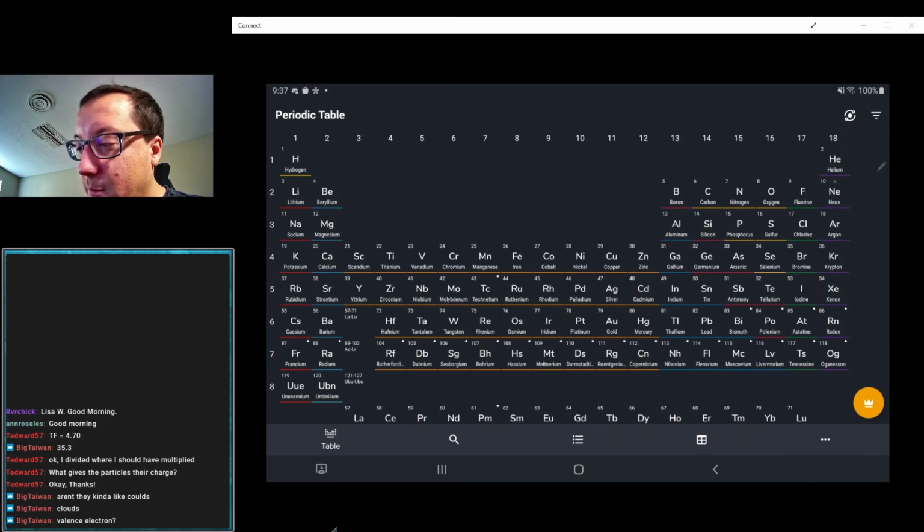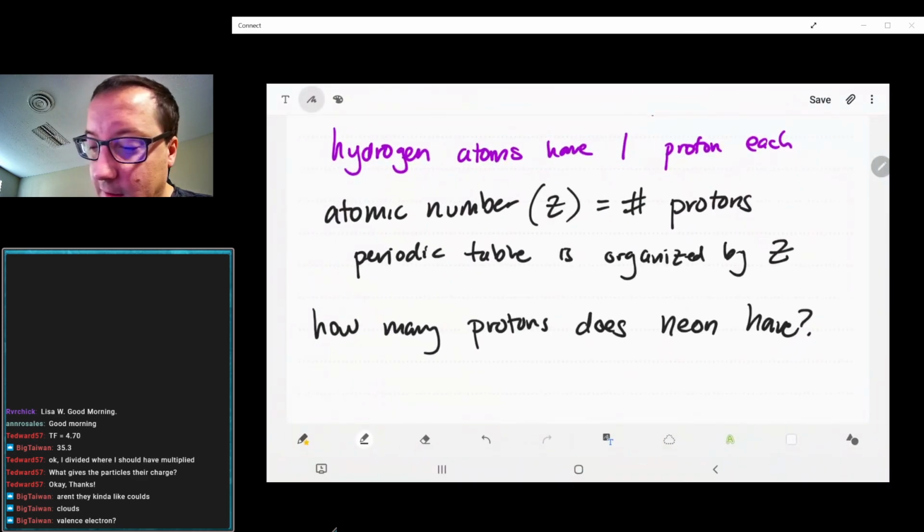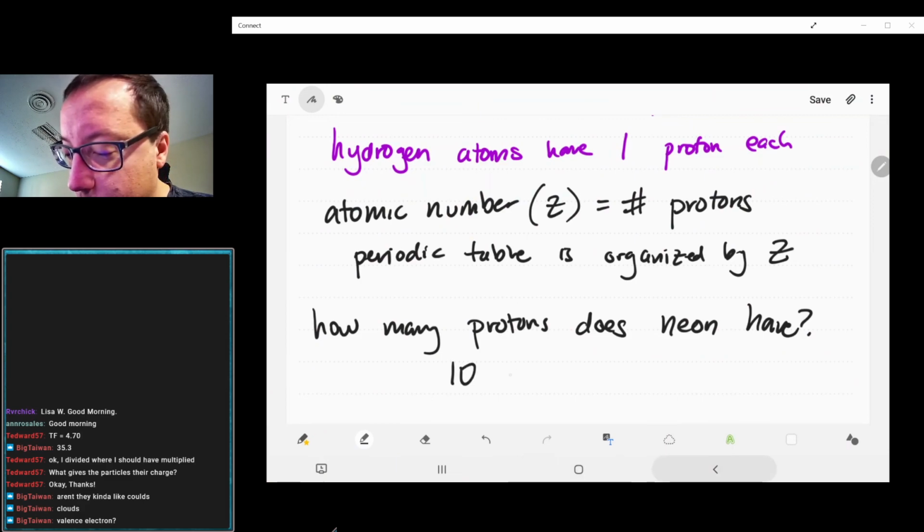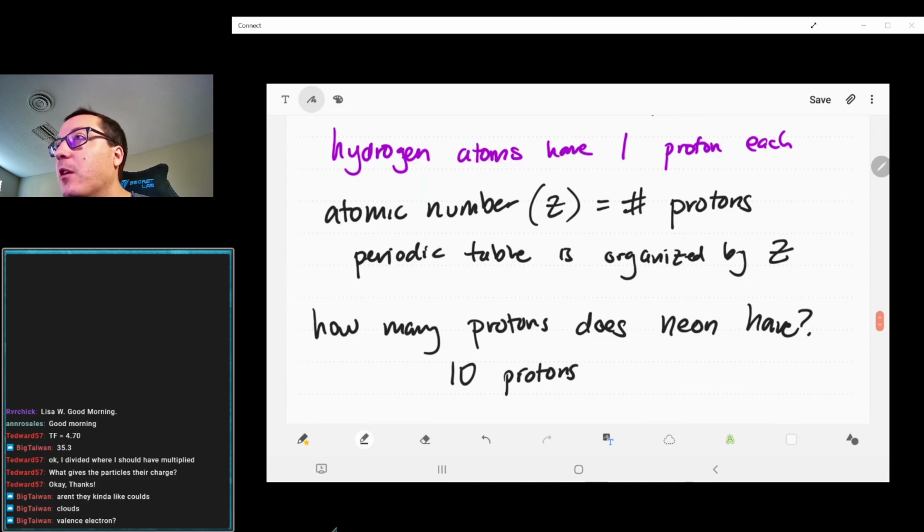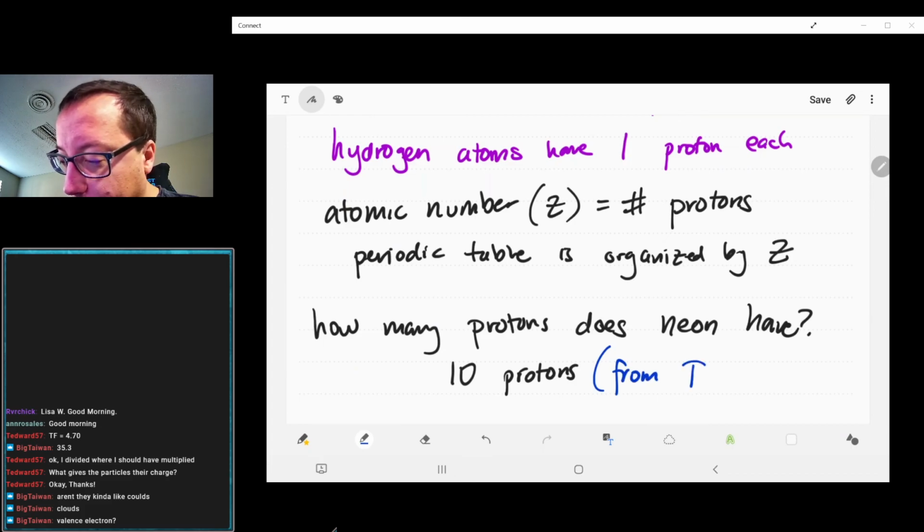It has the number 10 in the top left corner, which tells us that neon has 10 protons. We got it from the periodic table. Hooray!